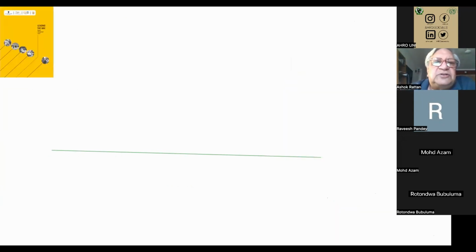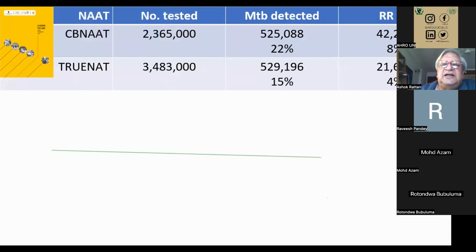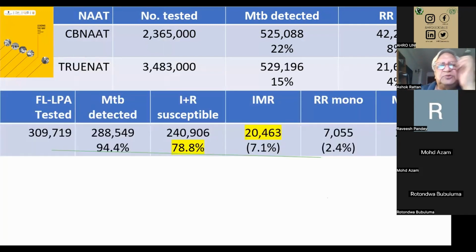On the 24th of March 2023, the India TB Report 2023 was published, and it indicated that more than 3.4 million TrueNat tests have been done, and CBNAAT has been used.